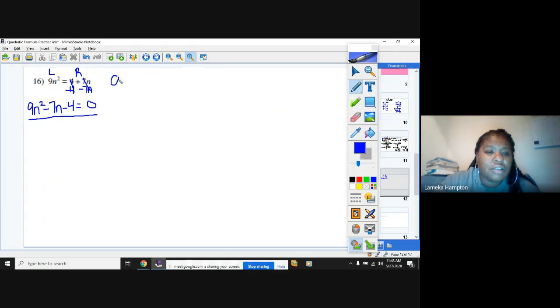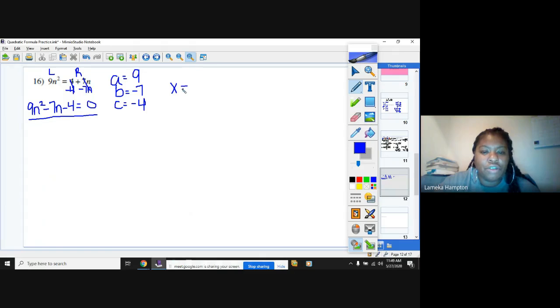So let's see. I have a, I have b, and I have c. So a is represented by the number 9. b is represented by -7. Remember, the number always takes the sign. And c is represented by -4. So these are the numbers that I'm going to be using in my lovely quadratic formula.